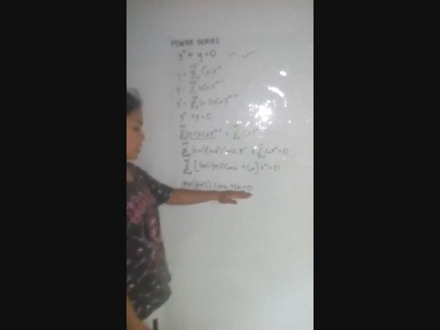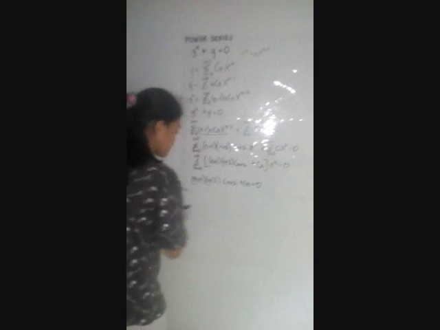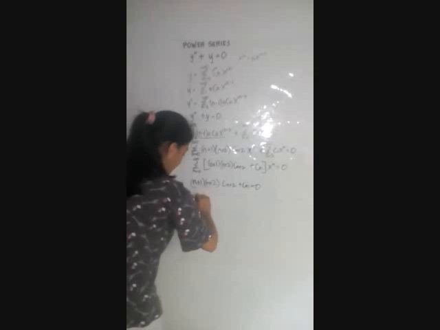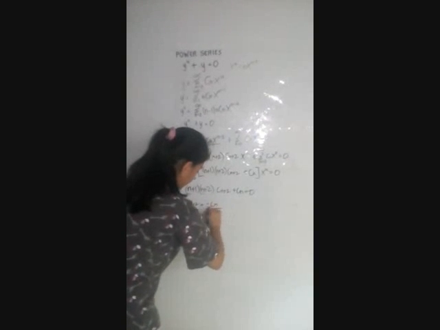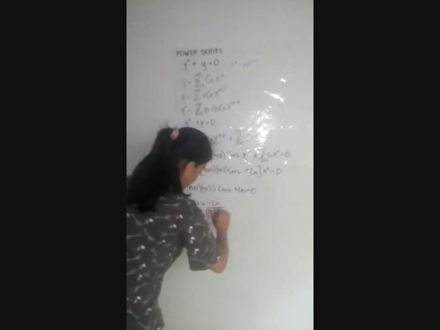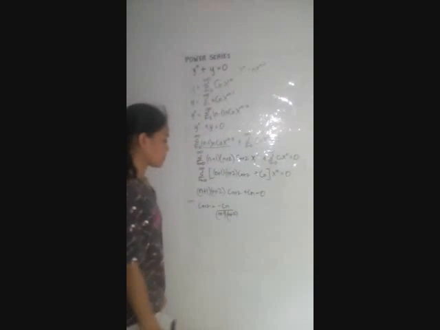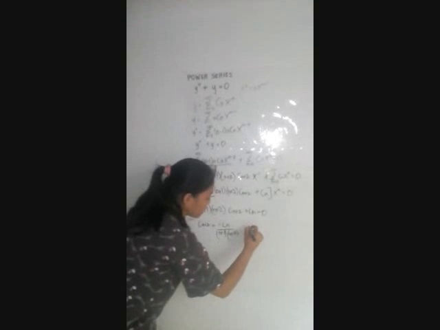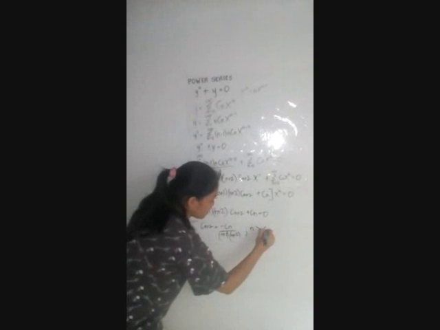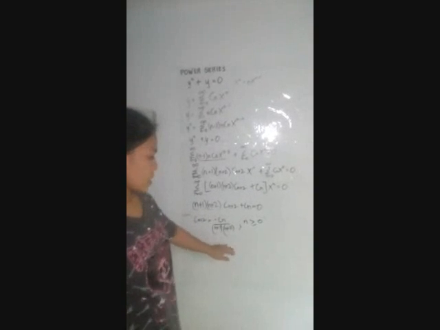Now we will use this to get the values of our y. So we will transpose. Our index here is equal to 0. That means that our n is greater than or equal to 0.